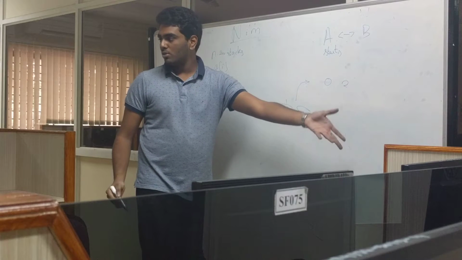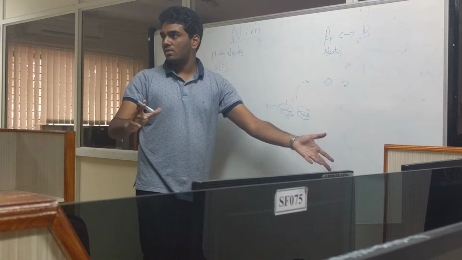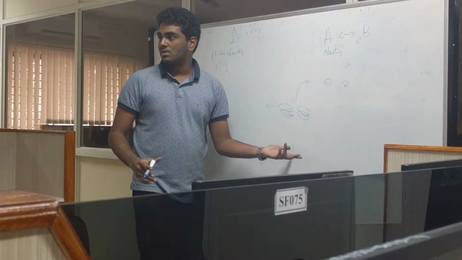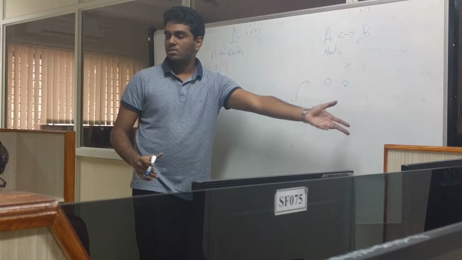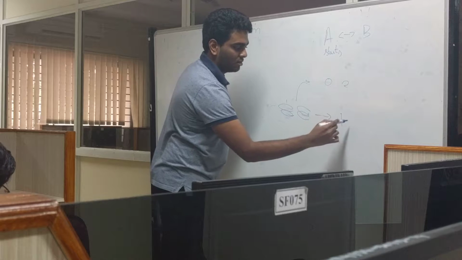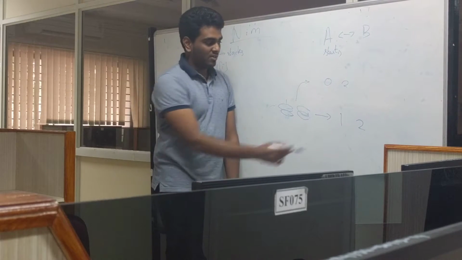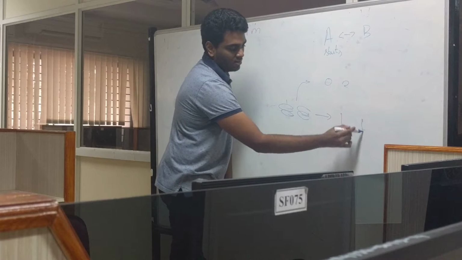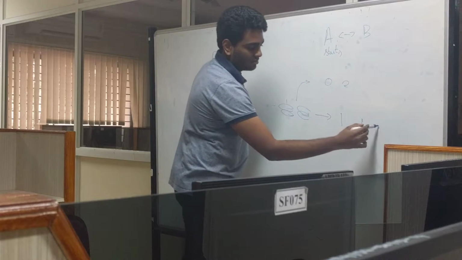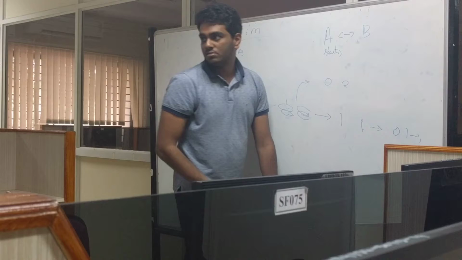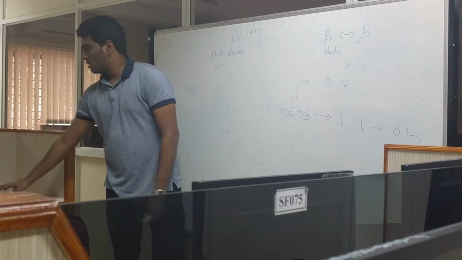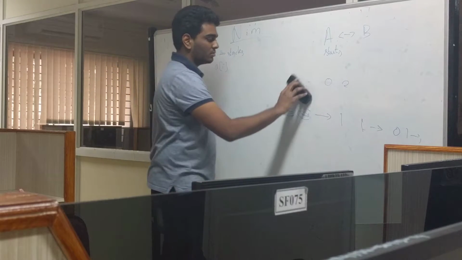B can take off these 2. You understand? If A takes off the full stack, B will take off the full next stack, evens. If A takes off only 1, B will take 1 here. Then A has to take 1, it will become 0, 1. B wins. These are the possible set of moves.